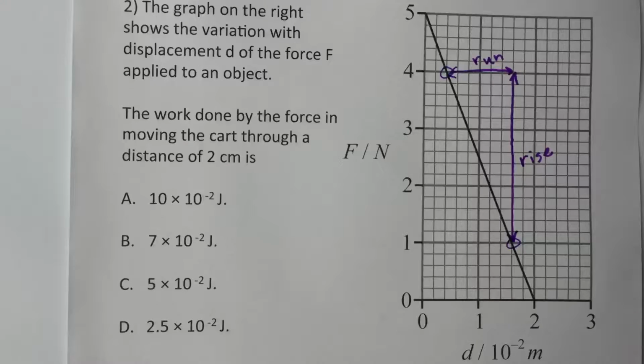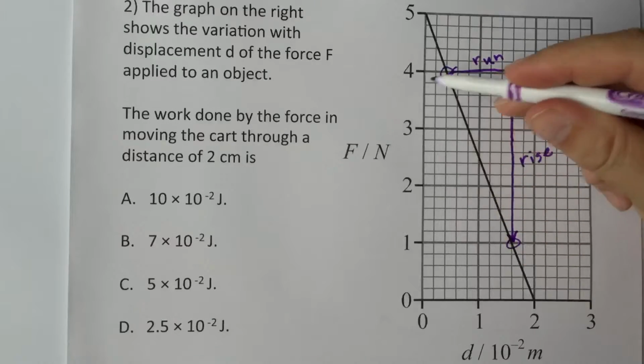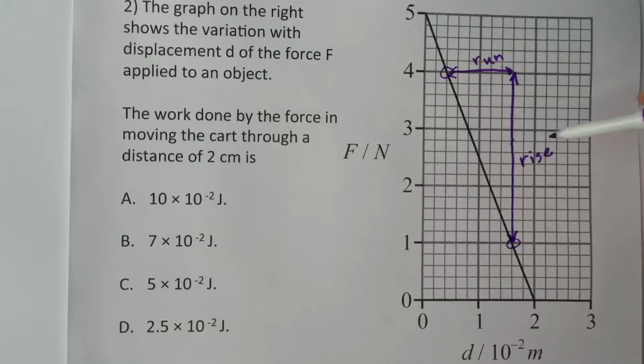Well, if that's true, then the units of slope are the units of rise divided by the units of run. If my rise in this case looks like it goes up 1, 2, 3 newtons, and my run is some number, maybe like 1 times 10 to the negative 2 meters, I'm going to end up with units of rise, that's newtons, divided by run units, which in this case is meters.